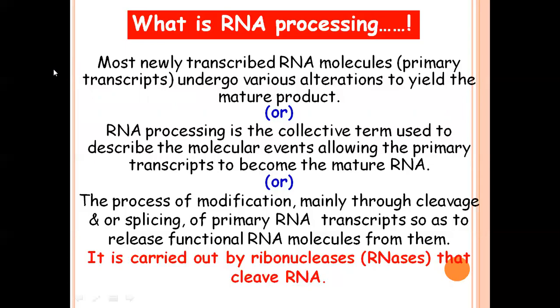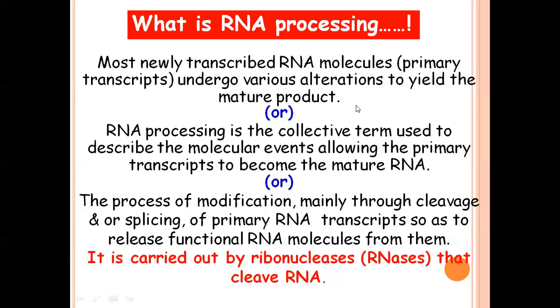Most newly transcribed RNA molecules are called the primary transcript. Most newly transcribed RNA molecules from the DNA molecule, these primary transcripts, undergo various alterations to yield the mature product.